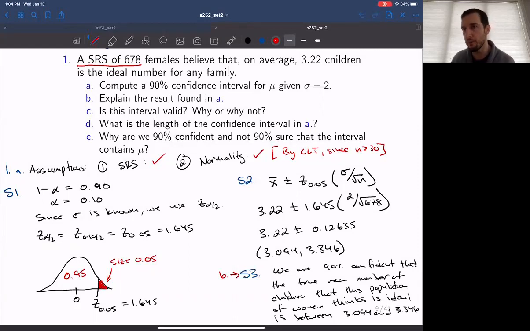Now, for our purposes, the sample size here is very large, 678 people, which is clearly much larger than 30. So we can assume that X bar is normal based off of the central limit theorem. The central limit theorem is providing us with a way of verifying the second assumption of the confidence interval.